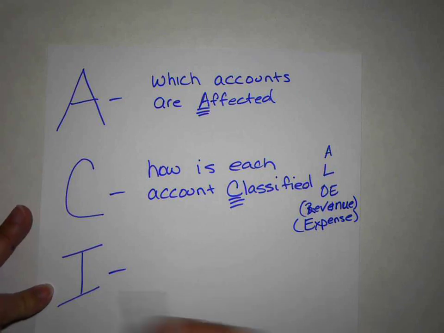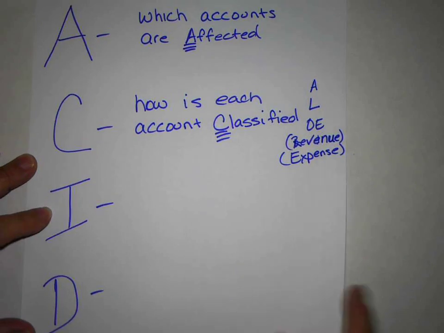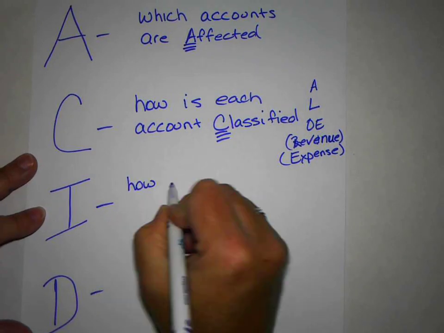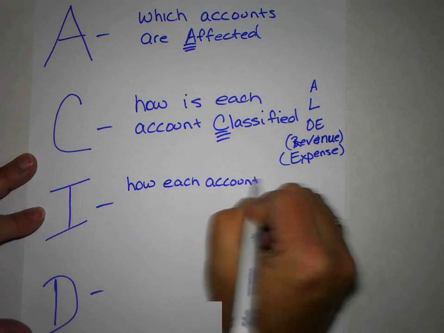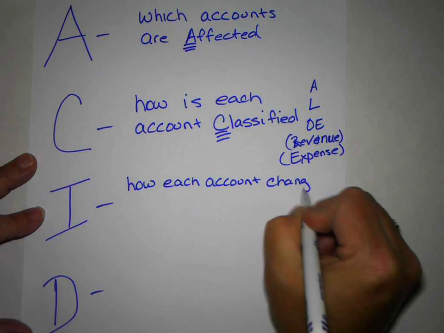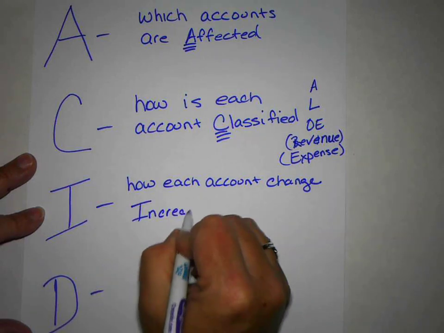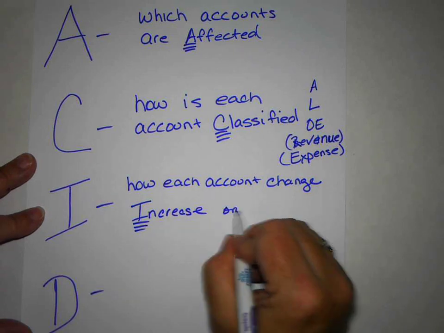And then the I is how each changed. How did each account change? Was it an increase? There's your I. Or a decrease?